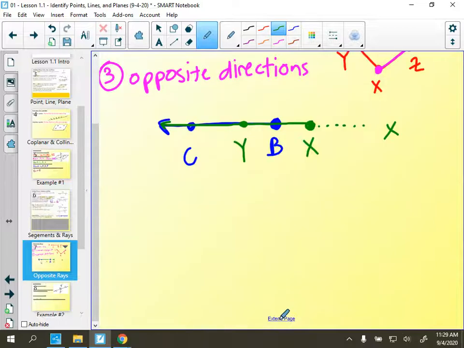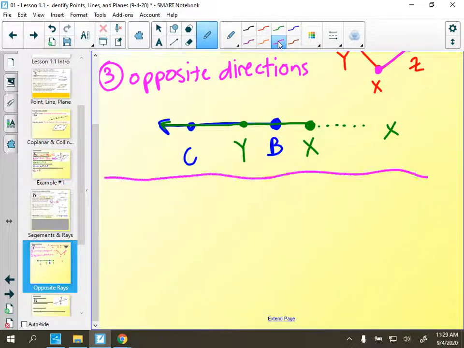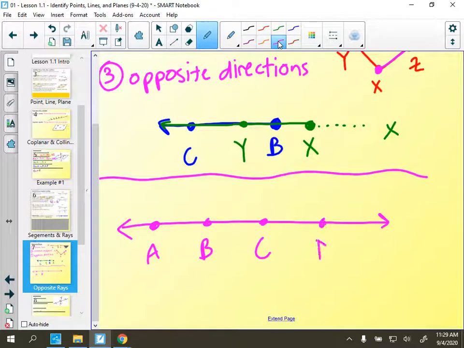One last thing, just to summarize what we've talked about there. If I were to take this figure, with some arrows here, throw a few points, A, B, C, and D, maybe even name our line M. I've just drawn, other than our plane, we're not talking plane here, any line feature we've talked about.